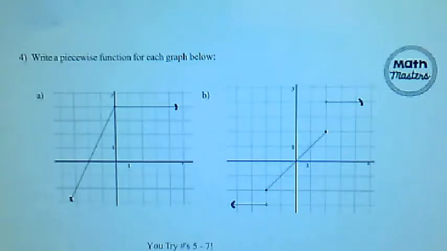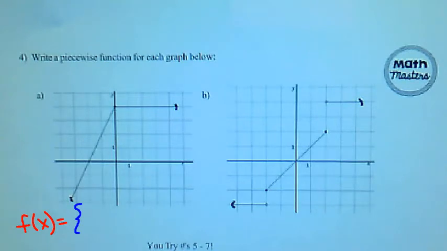The last thing we're going to do is take these functions and practice actually writing out a piecewise function. Here we have two functions, so I'm going to write f of x is equal to, let me change that to blue so it's not so bright. I know that I'm going to have two different functions. The first one, I see 1, 2, 3, 4.